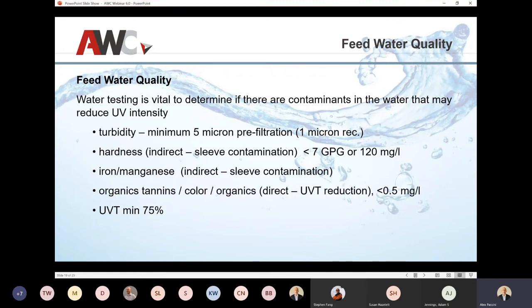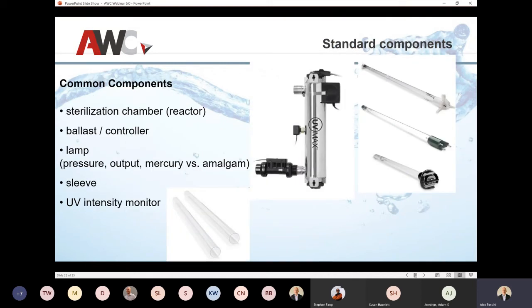If organics are below 1 milligram per liter, however, and your UVT, your ultraviolet transmittance, is over 75 to 85%, then you can potentially use UV disinfection. You just want to be aware that if your organics are higher than that, you should be testing for UVT, and it will be a clear reflection of how much organics are in the water. And the same thing is the other way around. If you are not testing for organics and you test for UVT, and you see that your UVT is lower than 75%, then you should definitely test for organics and tannins.